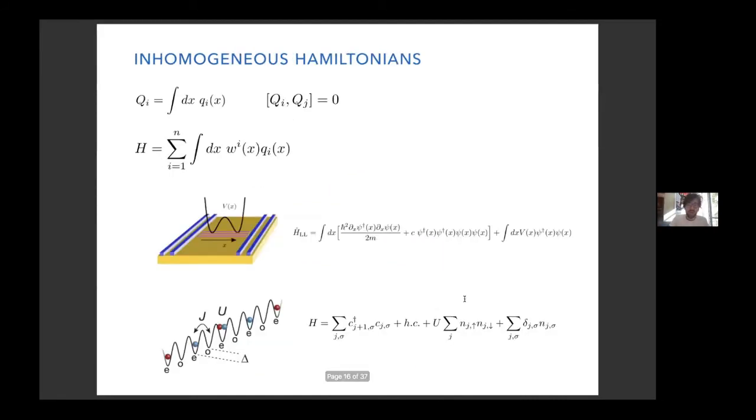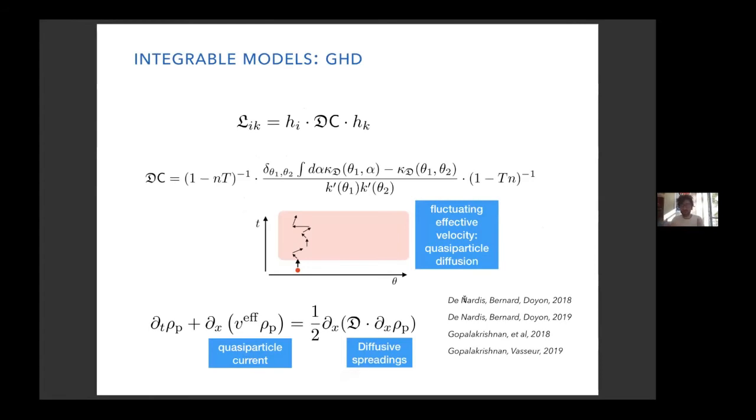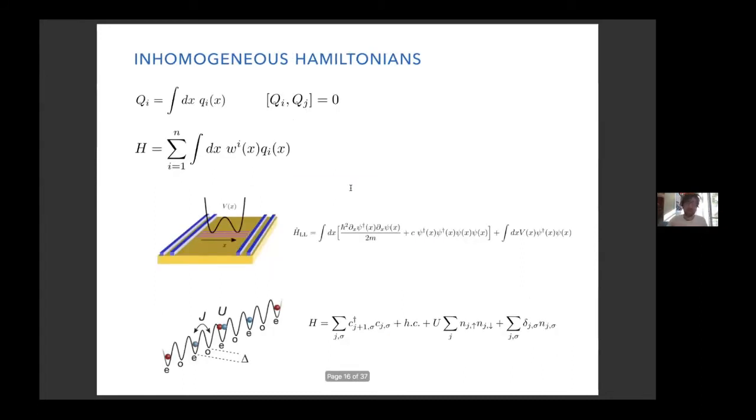What I want to do now is, so far this is for a Hamiltonian which is independent of space. It's some global Hamiltonian, and the only spatial variation is in the state. But we know that a lot of interesting physical settings nowadays have Hamiltonians that depend on space. For example, atom chips are what is used experimentally to confine cold atoms, and usually they have some external potential that confines atoms.